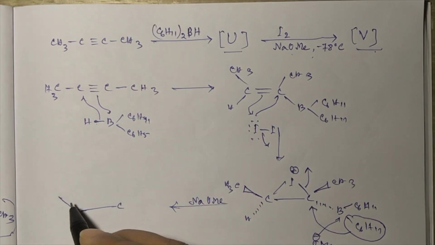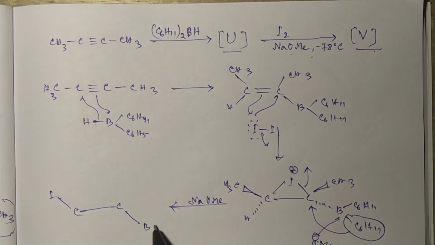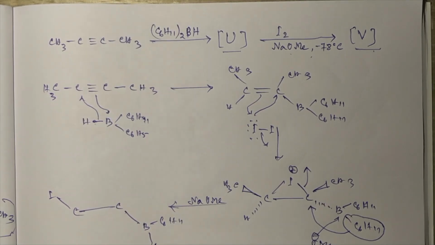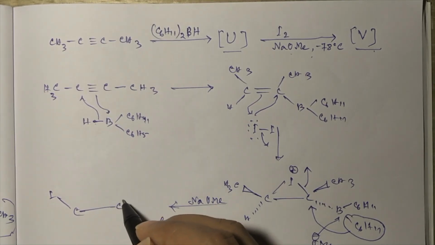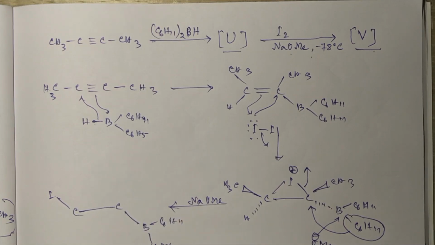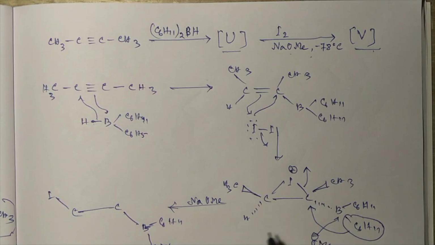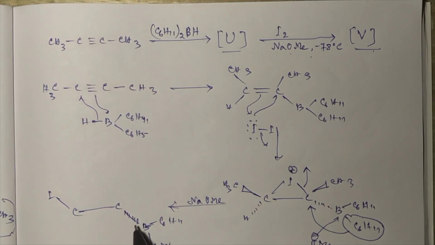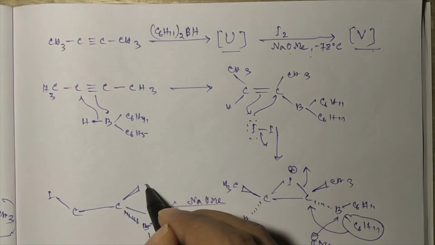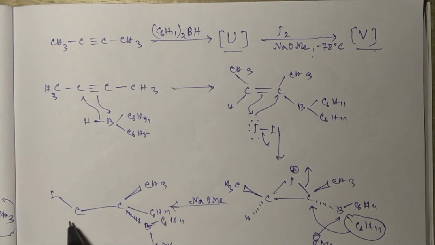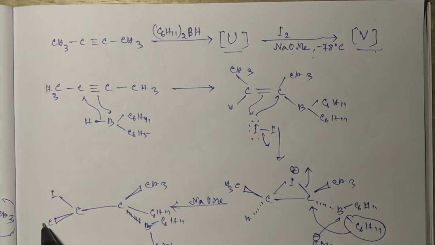So the product will be this: this group will be below the plane, and in plane it will be C6H11, and above the plane CH3, and it is CH3 above the plane, H below the plane.